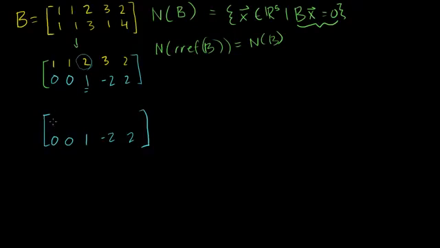So 1 minus 2 times 0 is 1. 1 minus 2 times 0 is 1. 2 minus 2 times 1 is 0. 3 minus 2 times minus 2, so that's 3 plus 4, which is 7, right? 2 times minus 2 is minus 4, and we're subtracting it. And then 2 minus 2 times 2, that's 2 minus 4, it's minus 2. So this is the reduced row echelon form of B.